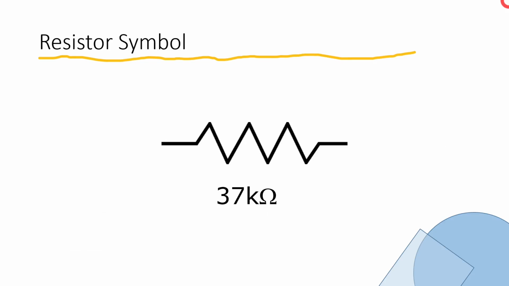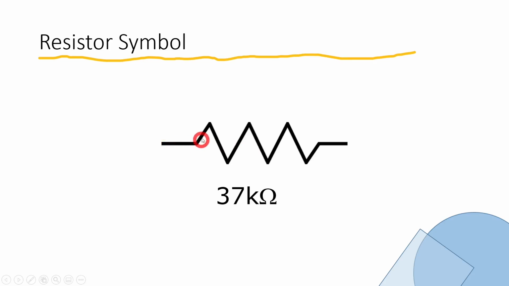Okay, we didn't talk about this earlier, but I just placed this in here. This is an actual symbol for a resistor, and resistance is the opposition to current flow. If you imagine this is like a water pipe, and the water would have to go through all those bends, it would slow the water down.